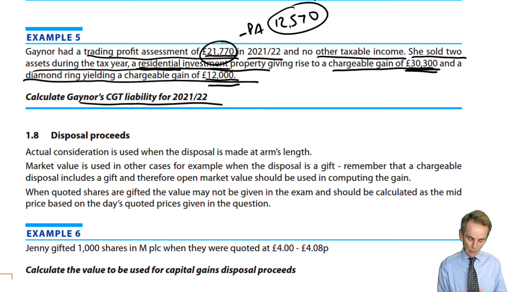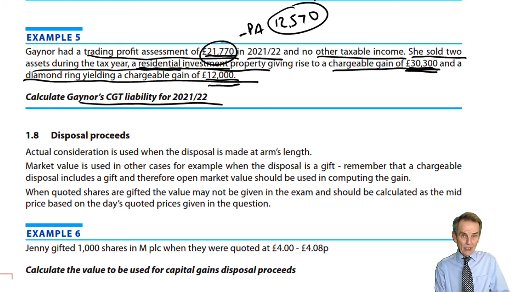So you would put that AEA against the gain arising on the residential property. That will exempt as much of that as we can, and also then mean that hopefully the remaining bit of taxable gain may fall in the lower of the two rates, the 18 rather than the 28%.